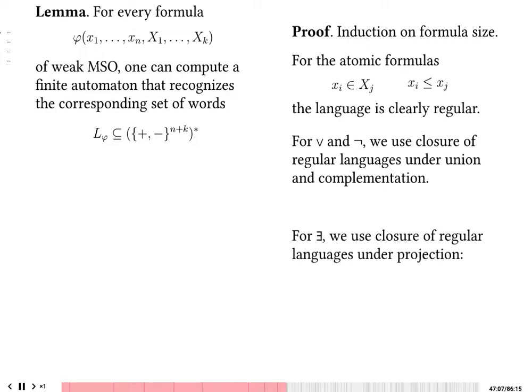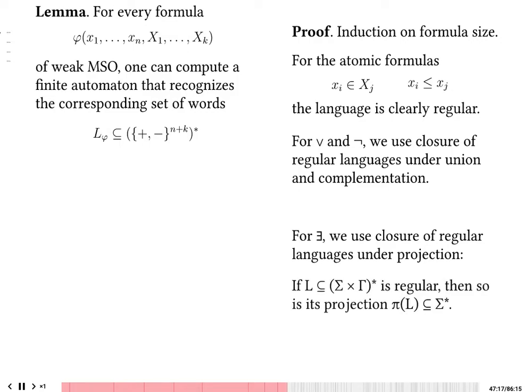On the other hand, if you have an existential quantifier, then the corresponding operation on languages is projection, as we have discussed for Presburger arithmetic. So the main observation that you need is the following one, which is a rather straightforward observation on regular languages. If you have a regular language over an alphabet where every letter is a pair, and you project away the second coordinate of the pair, then the resulting language is also regular.